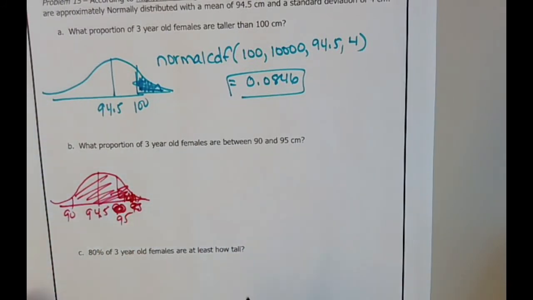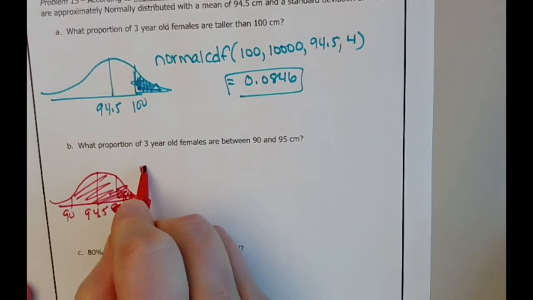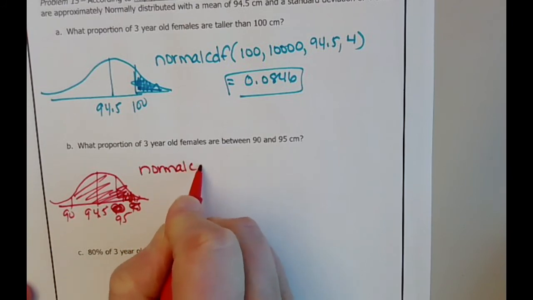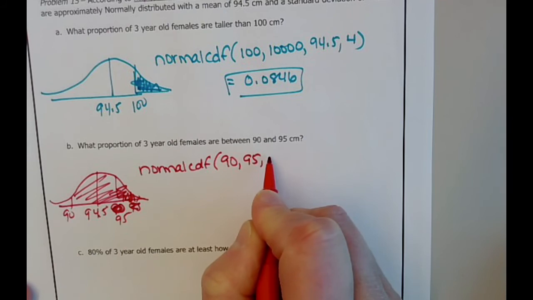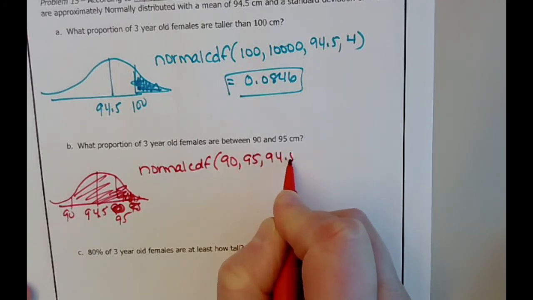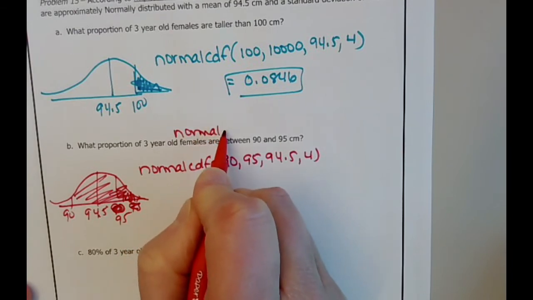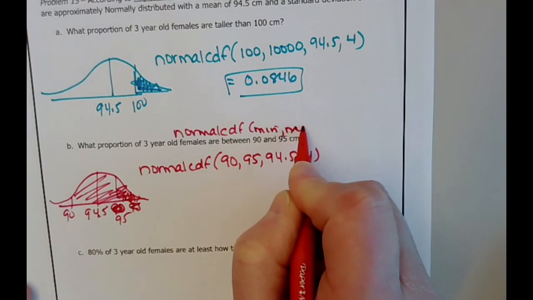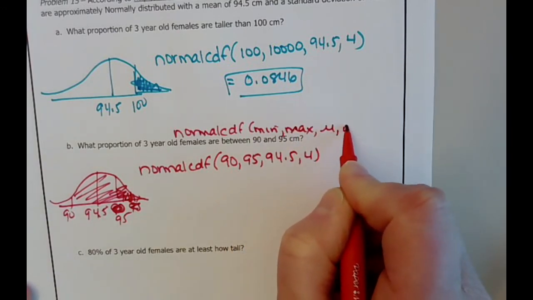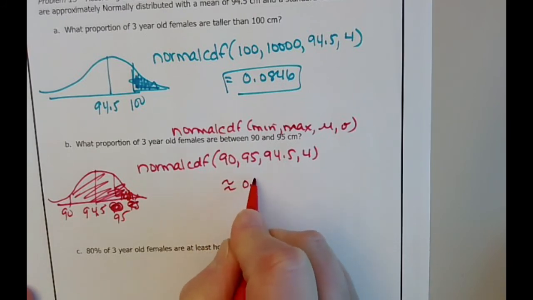I did that on the original notes too. So normal CDF between 90 and 94.5 and 4. Remember, normal CDF: minimum, maximum, mean, standard deviation. And when we do that, we're going to get 0.419.